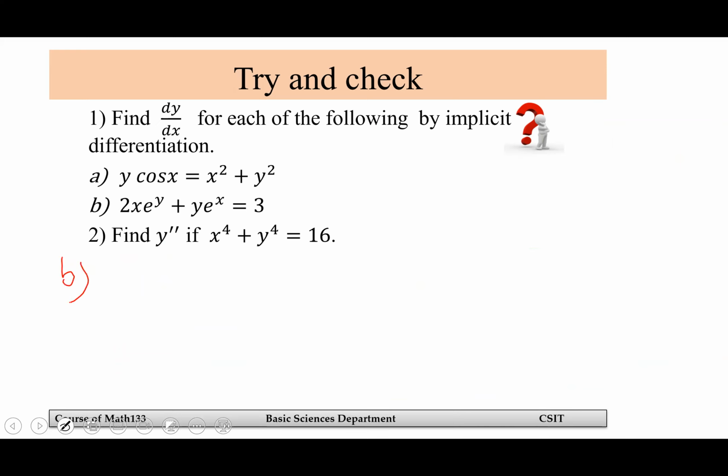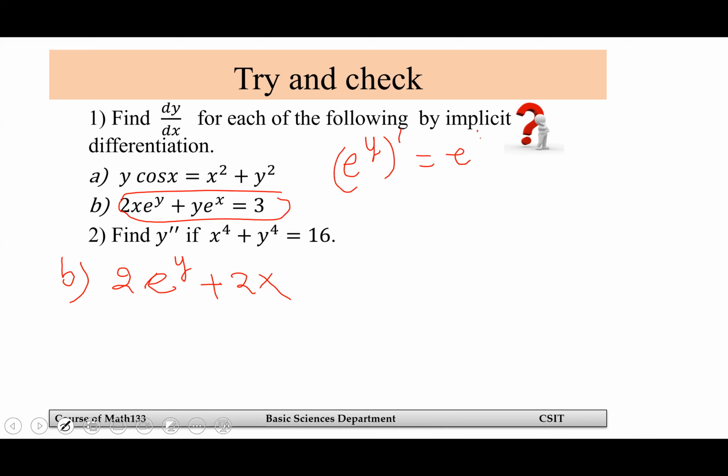B. So the derivative of this equation, all the time we have a product rule here. So 2x e^y: the derivative of 2x is 2, and it remains e^y. Then plus 2x times the derivative of e^y, be careful here. It's a chain rule.